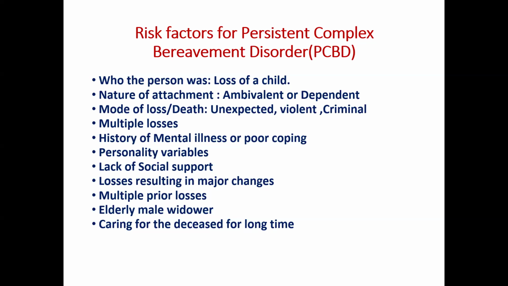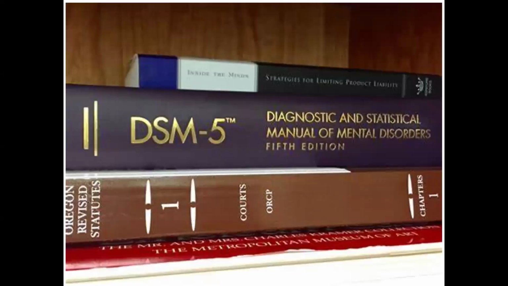The nature of the attachment, the mode of death, if it's unexpected, whether it's violent or criminal or whatever, a history of mental illness or poor coping, lack of social support, multiple prior losses. All of these are risk factors for persistent complex bereavement disorder, PCBD.